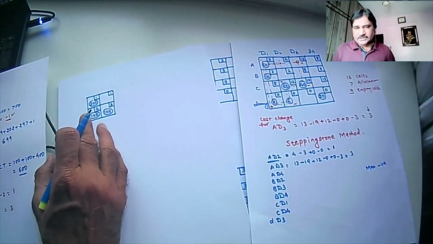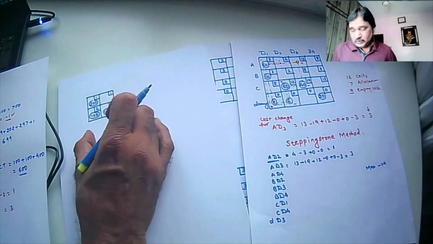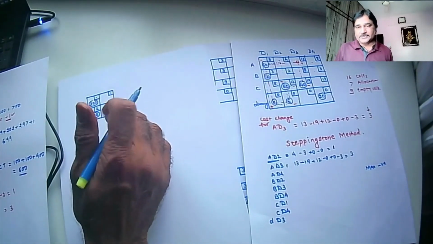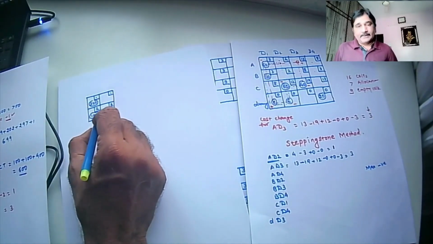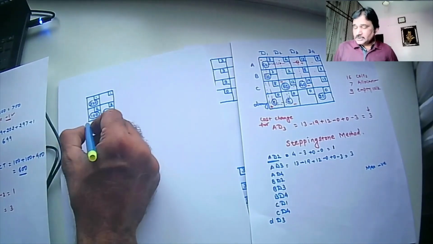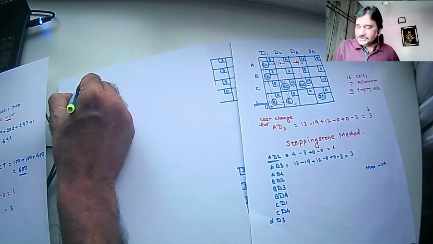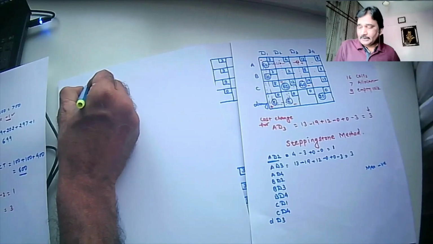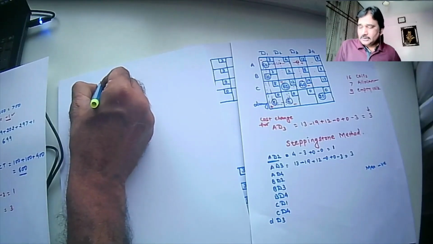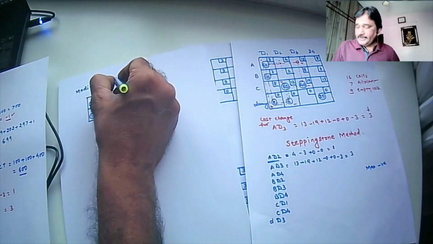That is possible, and the reasons lie in the developed transportation formulation. What I need to do is the modified distribution method, called the MODI method.